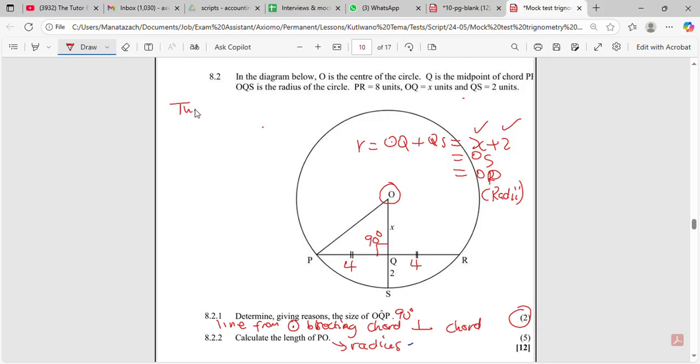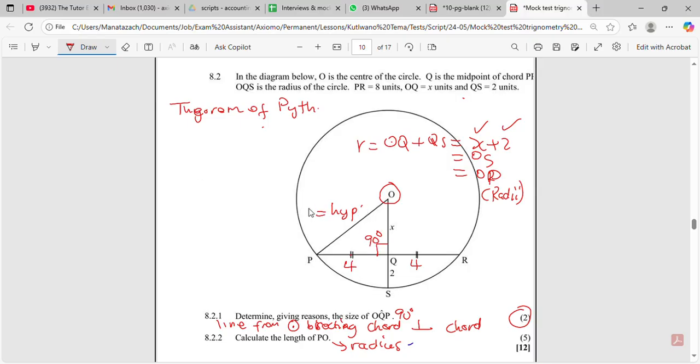I'm sure you're familiar with the theorem of Pythagoras. So this is the hypotenuse side, and these are the two other sides, which are 4 and x. The hypotenuse side, which is our radius, happens to be PO.